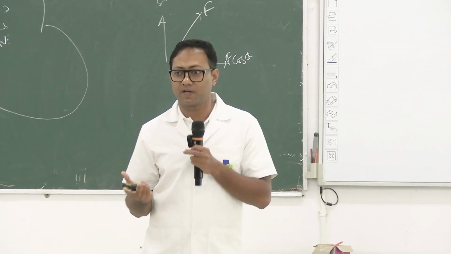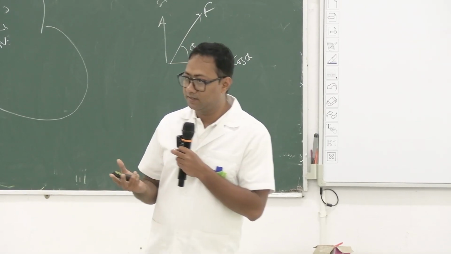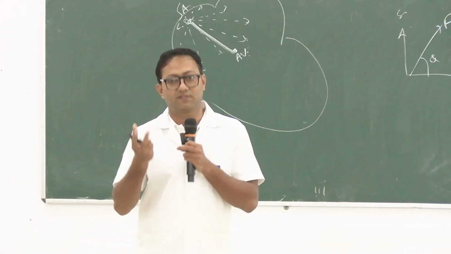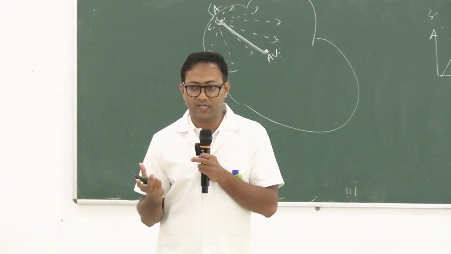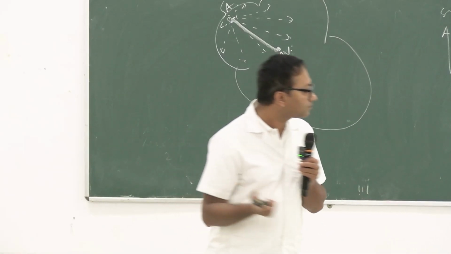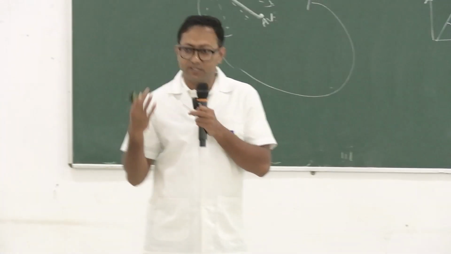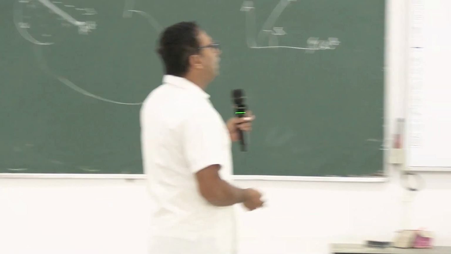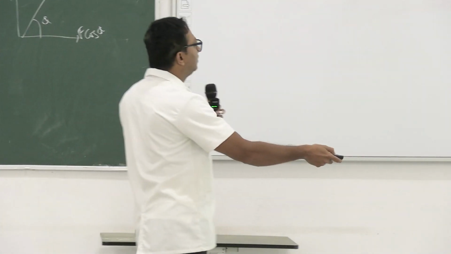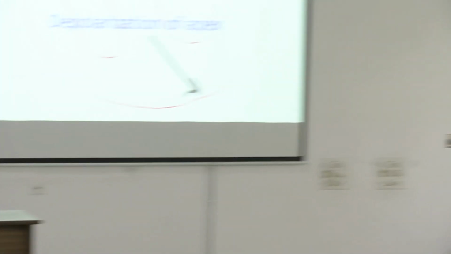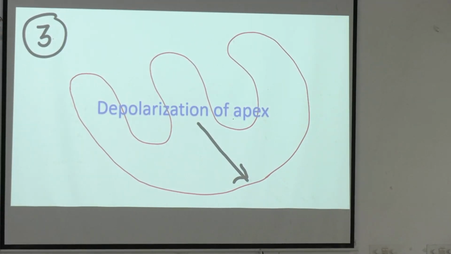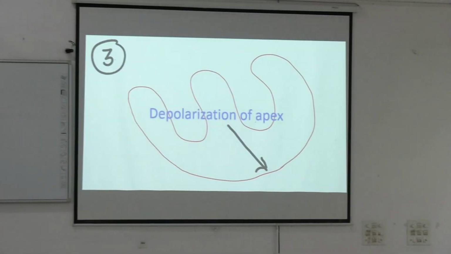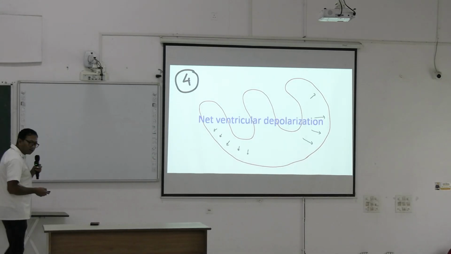Simply because of the muscle mass, because the cardiac apex is a very thick cardiac muscle in comparison to the ventricular septum. It is thinner. So again, this is the direction of the vector which is causing depolarization of the ventricular apex, which is the third vector.